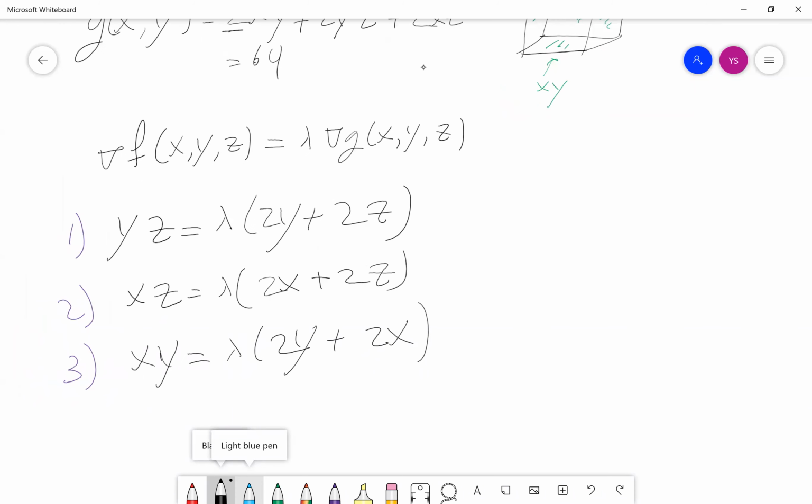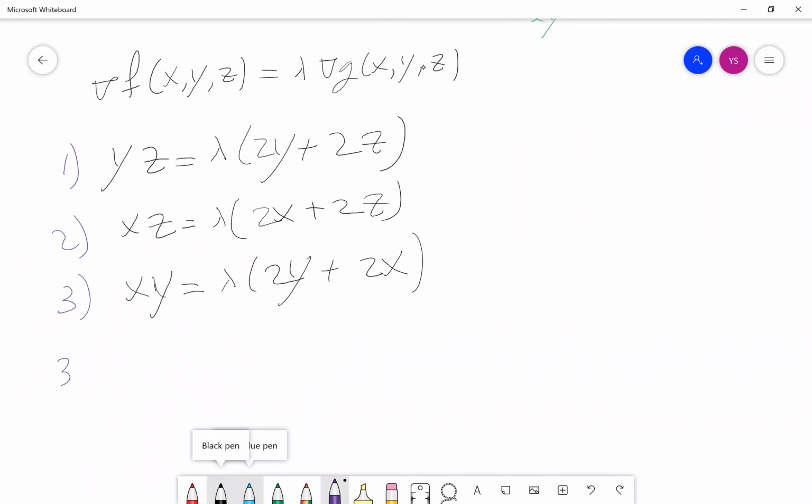Any questions so far? Okay, and then the last equation we're going to use is the g equation, which is 2xy plus 2yz plus 2xz is equal to 64.